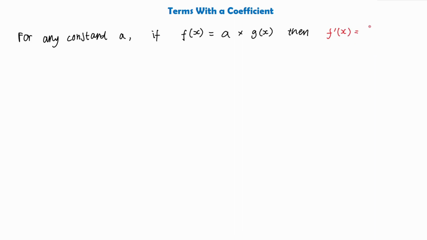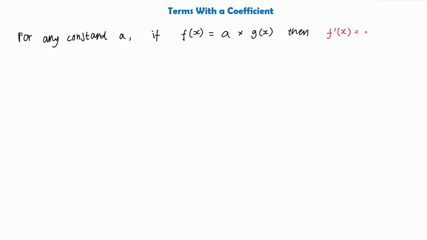Well, in this case, to differentiate, we say for any constant a, if our function is now f of x equals a times some function in terms of x, we'll call it g of x, then our derivative now becomes f dashed x equals a times the derivative of g of x.